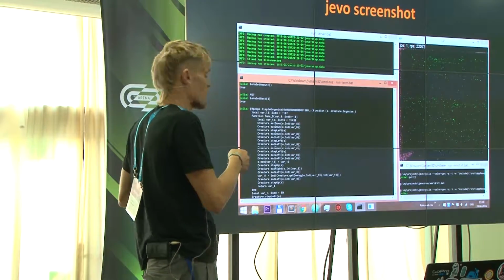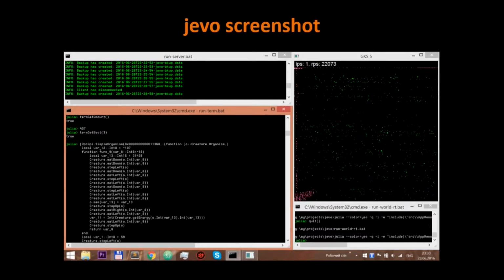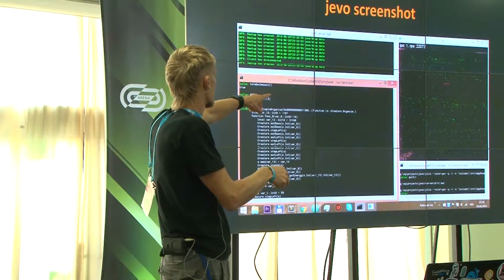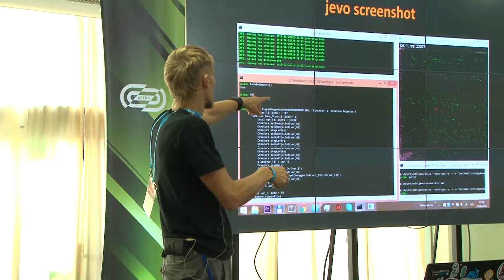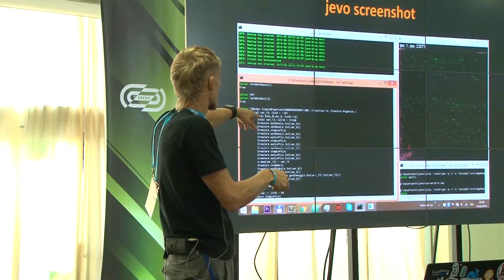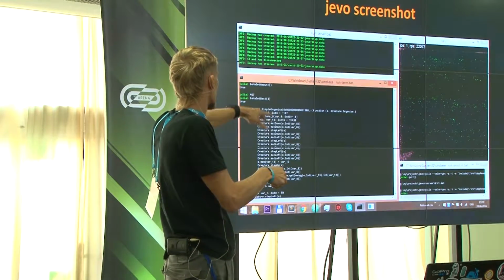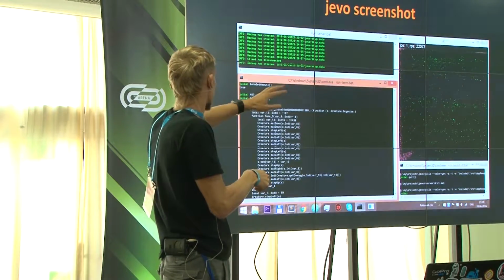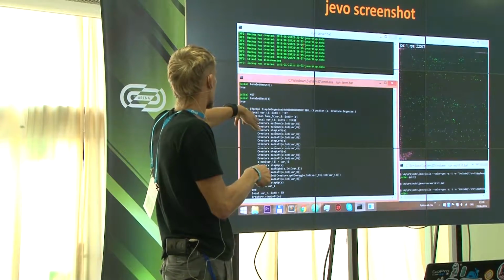Okay, this is a screenshot of a real system. As you can see, this is a visualizer, and you can see this green dot. It's energy, and these organisms may eat this energy. This is a terminal. All these terminals are just connected to this server.